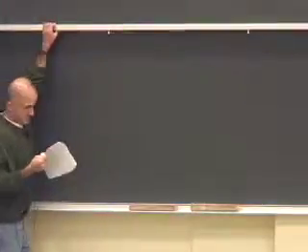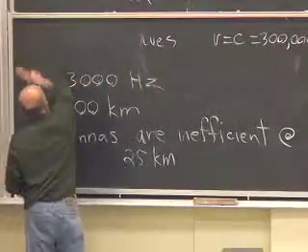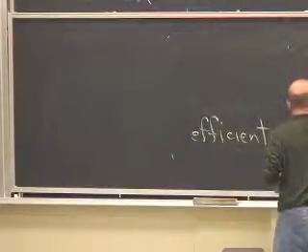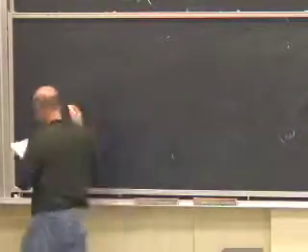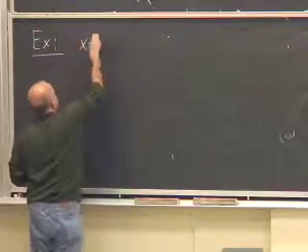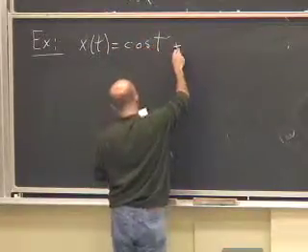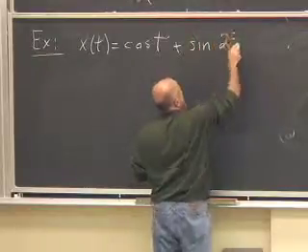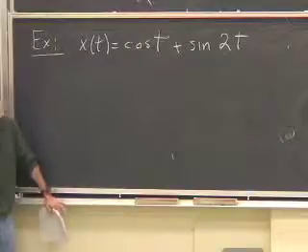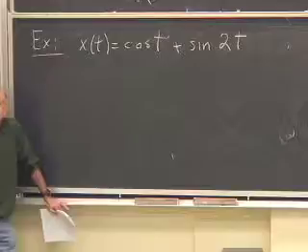Now let's do another one. Let's say x of t is cosine of t plus sine of 2t. Periodic? Well, I'm going to let you spend a minute with your neighbors. Tell me if this is periodic.